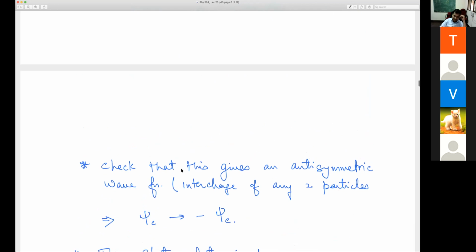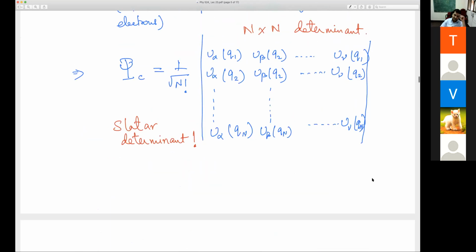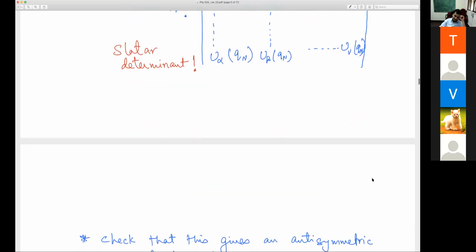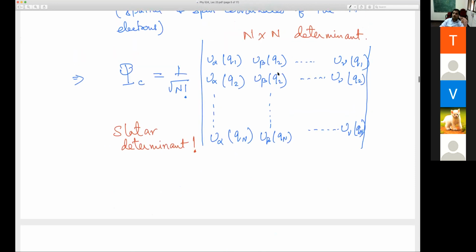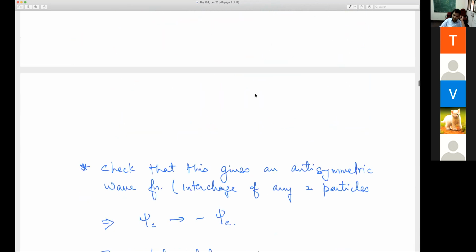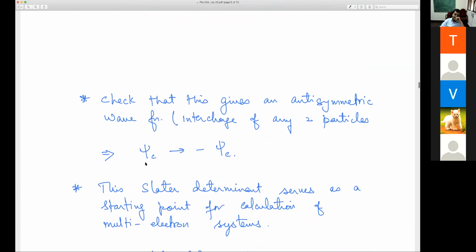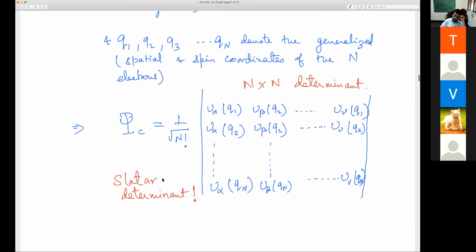You can explicitly check that this gives rise to an antisymmetric wave function if I interchange any 2 particles. So Q1, Q2 I interchange, or Q2, Q3, or Q1, Q3. Any interchange of a pair of particles will give rise to a negative sign. And this object is called a Slater determinant.